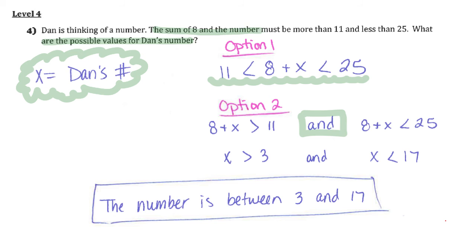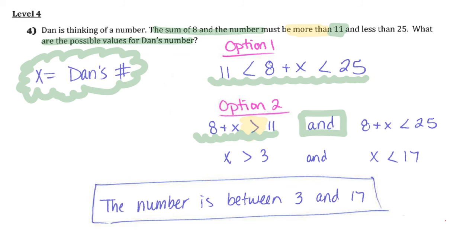So the sum of 8 and a number. Notice I have 8 plus my x, my number, and it has to be more than 11. So that keyword more than tells me it's got to be bigger than 11. Okay, so that's where I'm getting that first inequality.